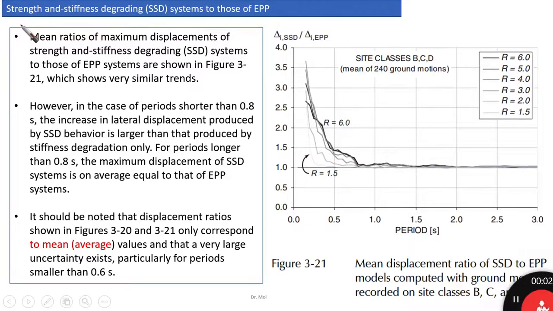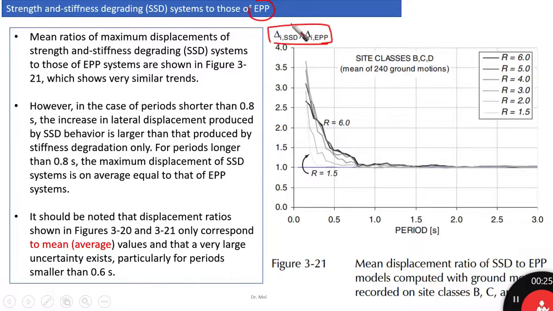Okay, in this video I'm going to talk about the strength and stiffness degrading SSD systems compared to those of EPP systems. It is a continuation of what we started in the previous video. Here we have delta SSD over delta EPP.